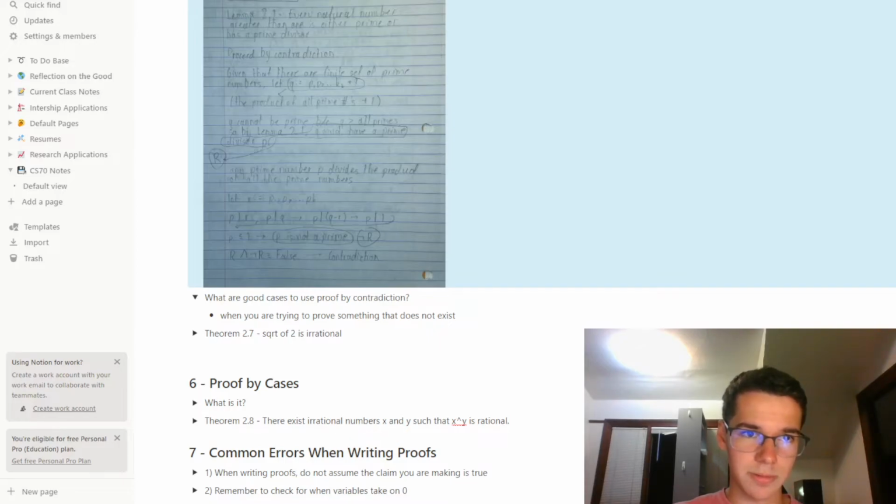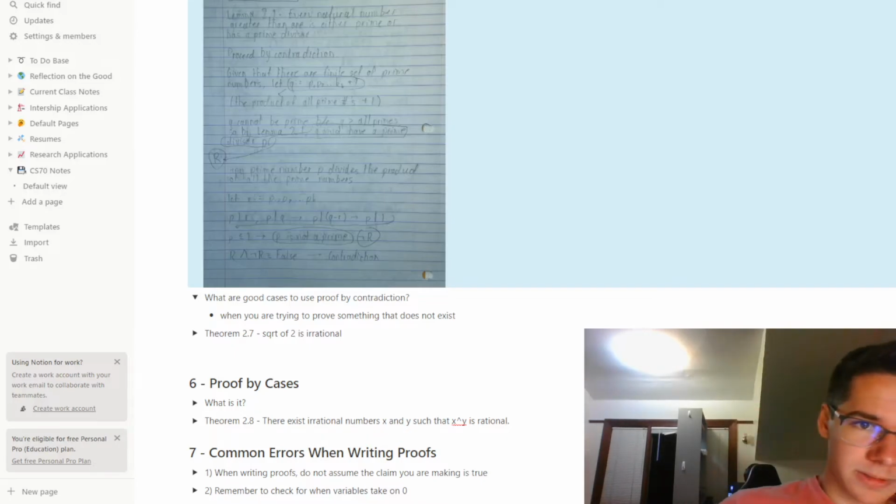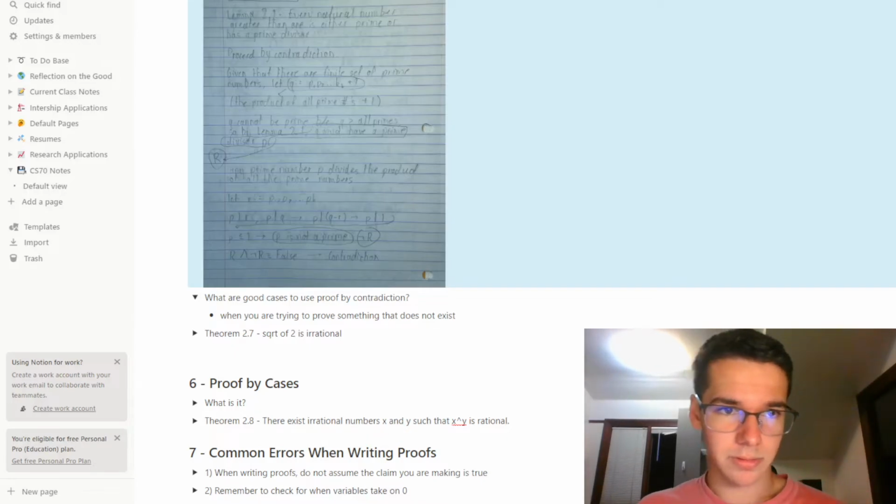So we're going to try to prove the opposite of the original statement, which says that the square root of 2 is irrational, which we know to be true. And we're going to use a lemma that says if a squared is positive, then a is also positive. This is a fact that we can take for granted, that we don't have to prove ourselves, right? So we're going to say the square root of 2 is rational.